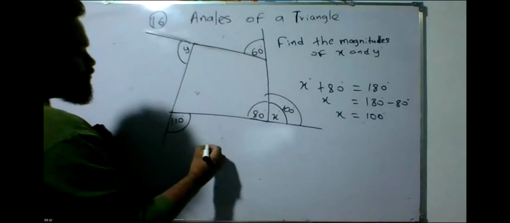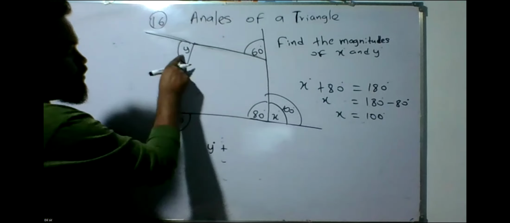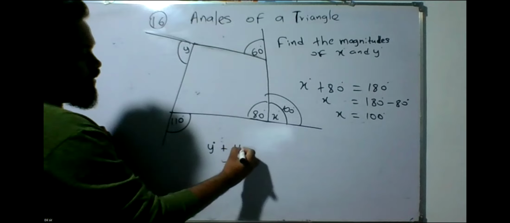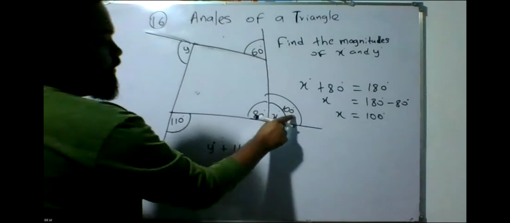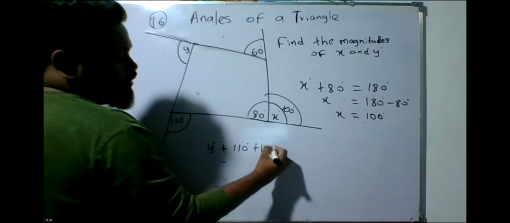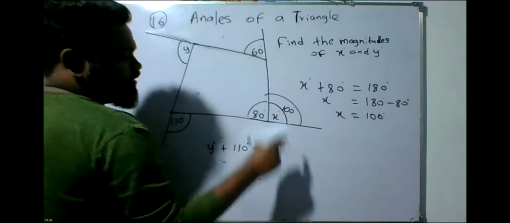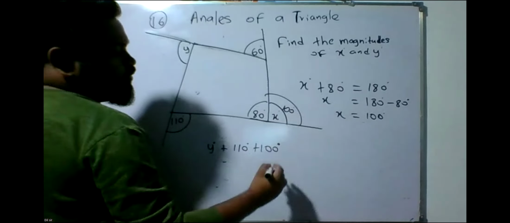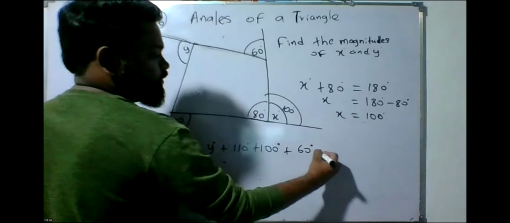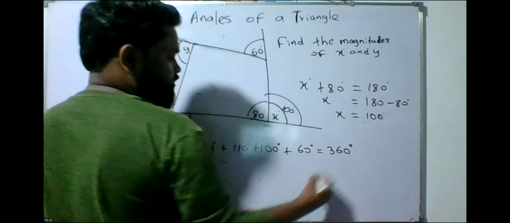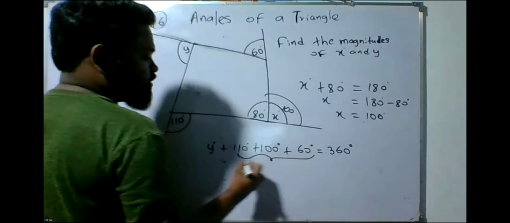Right, we'll write this. Y plus 110, plus 100. Don't write it as x now, it is 100. This is 60. Equal to 360 degrees. Get the sum of these.